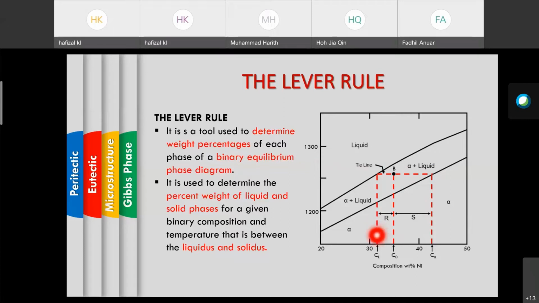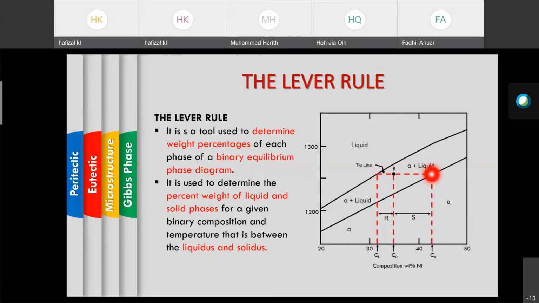From the lever rule, to determine the fraction, in terms of percentage, of what exists at this point, we have the intersection of the liquidus line and the solidus line.